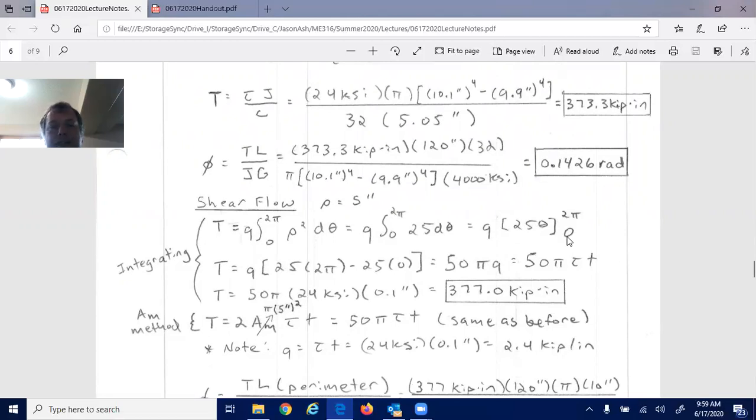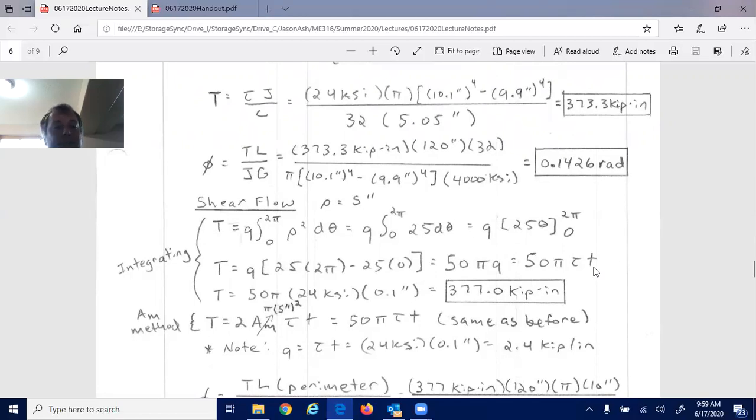And if you plug in those limits of integration, then you have Q times 25 times 2 pi minus 25 times 0. And that term drops out, and we're left with 25 times 2 is 50 times pi times Q. Q again being the shear stress times the thickness. And so our torque then is equal to 50 times pi times the shear stress times the thickness.